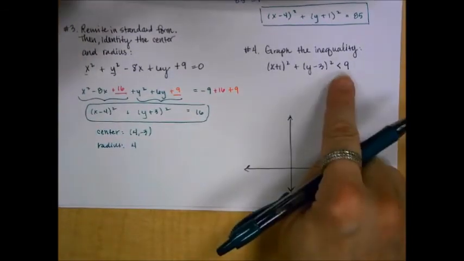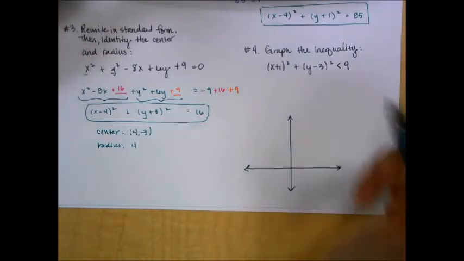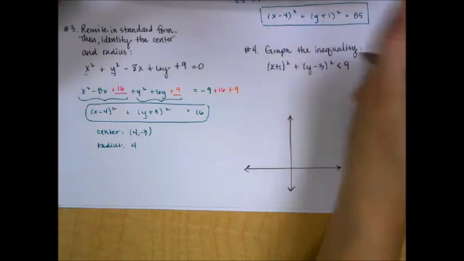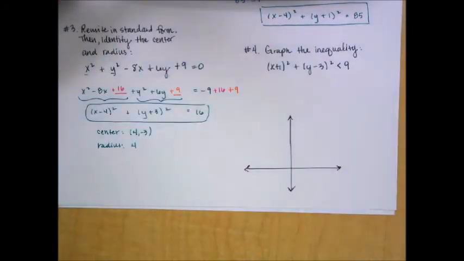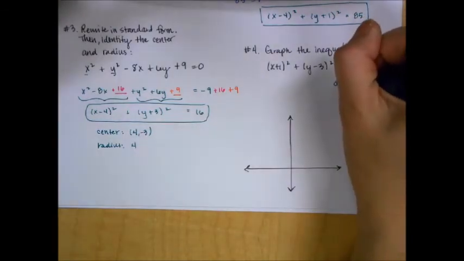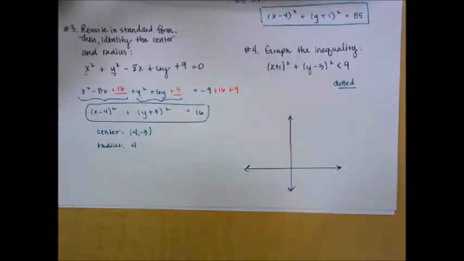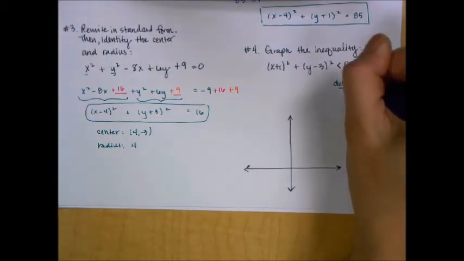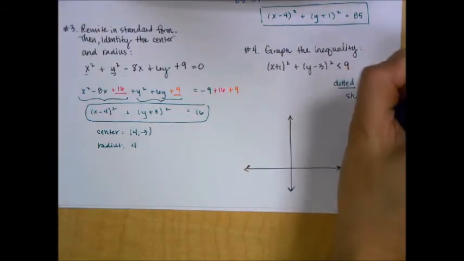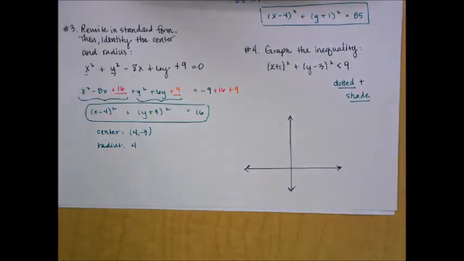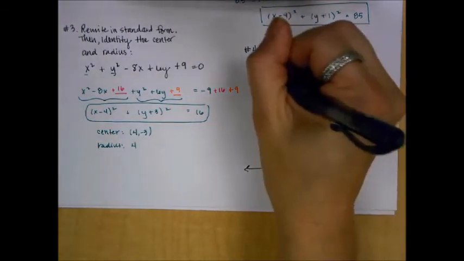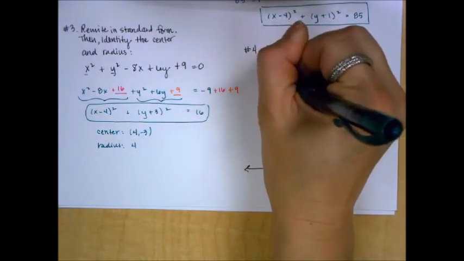So because there is no equal to sign, we're going to go ahead and graph it as dotted. And then we want to shade as well. So we'll start by plotting the center, which is at negative 1, positive 3.